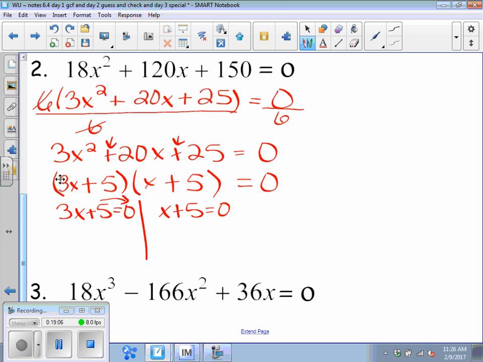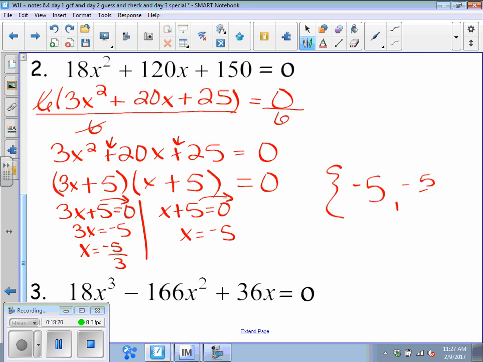So we bring the 5 over, it becomes negative 5. Divide by 3, so x equals negative 5/3. Bring the 5 over, it becomes negative 5. So my two solutions are negative 5 and negative 5/3. Okay?